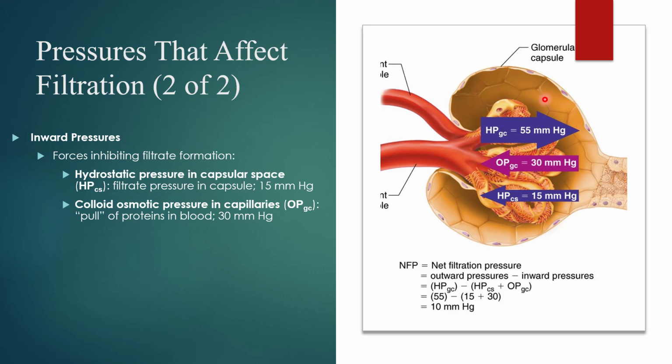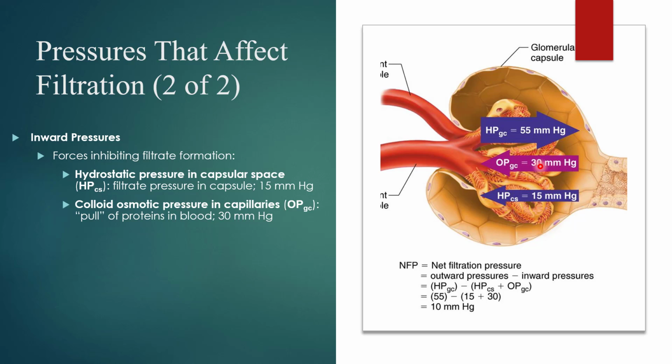So you have a pre-existing filtrate here that is pushing against the 55 millimeters of mercury pressure of fluid, preventing it from gushing completely out. You have an opposing force, which is 15. So you deduct that. 55 minus 15 is what you're going to have, about 40, right?